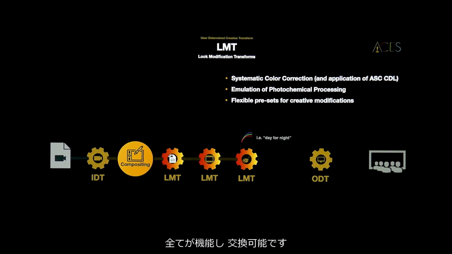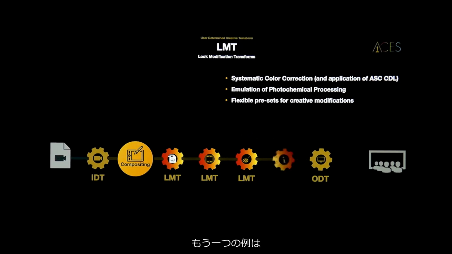So everything is working and interchangeable. The order is important. So you need to always reproduce the order, but that can also be embedded in the metadata. So everything has been made to keep the consistency of the workflow.